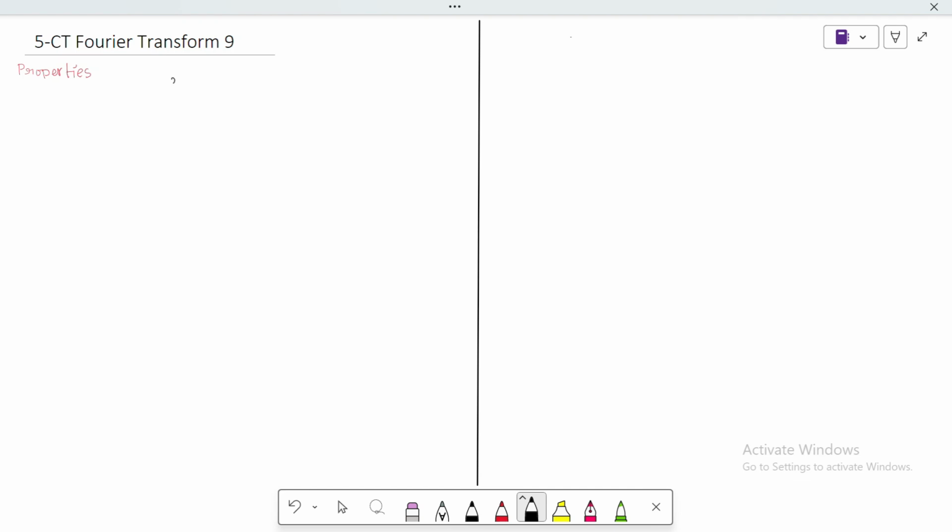So this x of t is a continuous time signal.